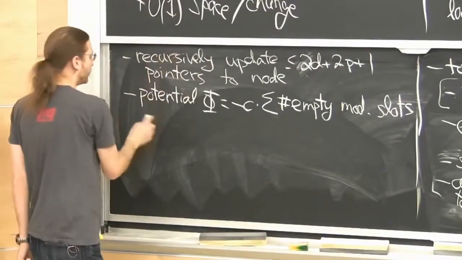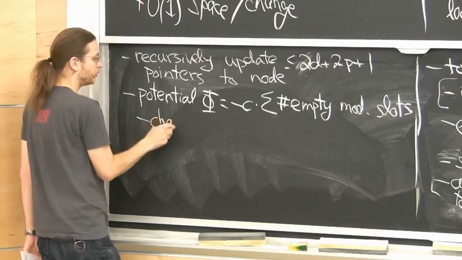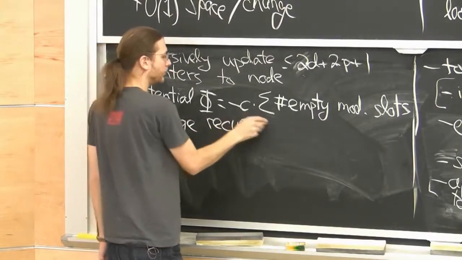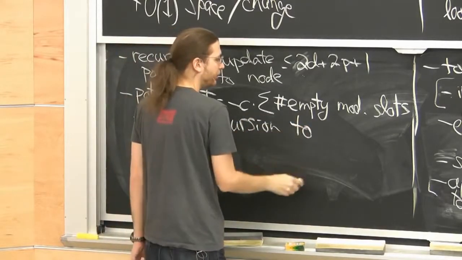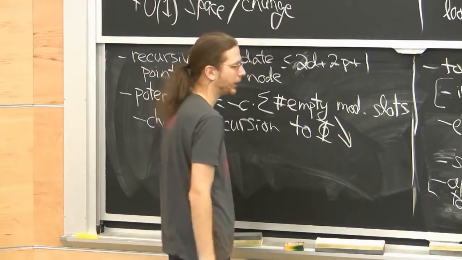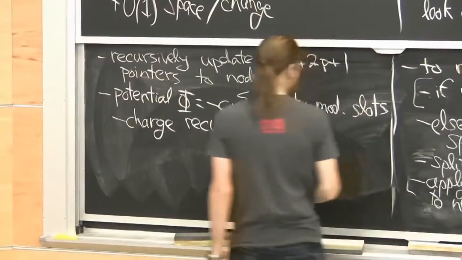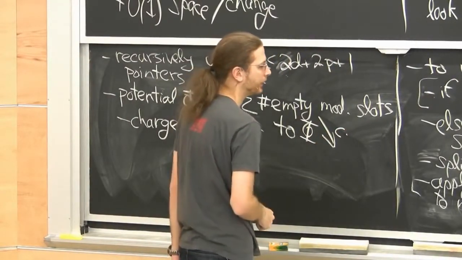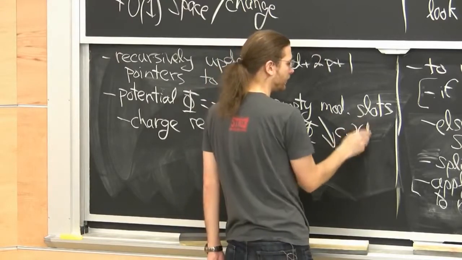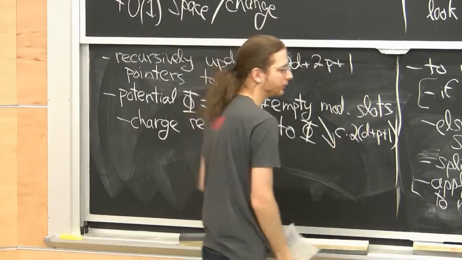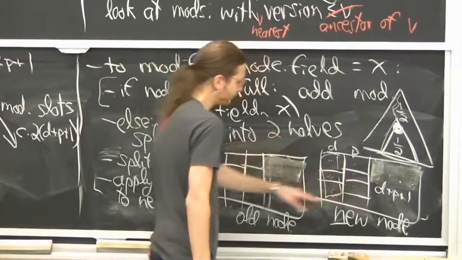Whenever we have this recursion, we can charge it to a potential decrease. Phi goes down by, because I have a negative sign here, C times 2 times D plus P plus 1, I think. Because there's D plus P plus 1 space here, D plus P plus 1 space here.